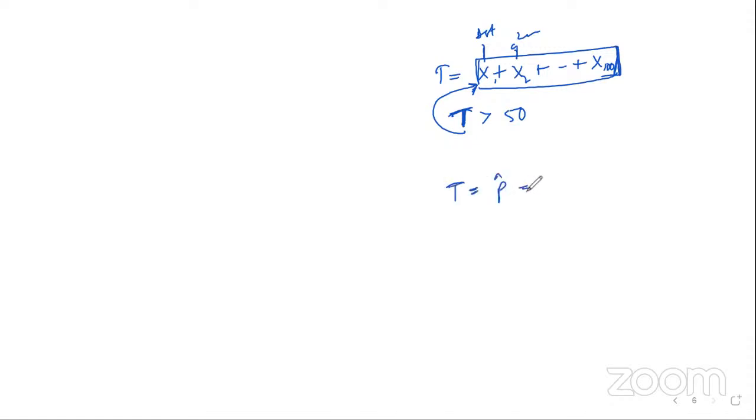If I'm representing the Xi's as Bernoulli p, then this is also the same as X bar, which is P hat. It's just a way of denoting things.